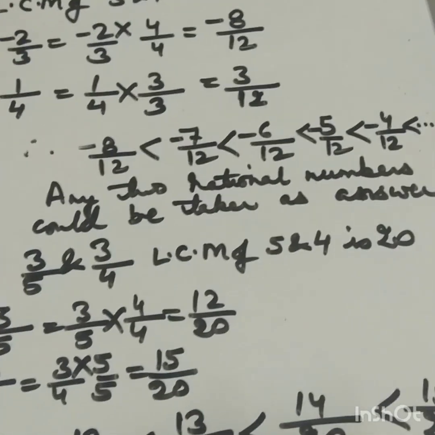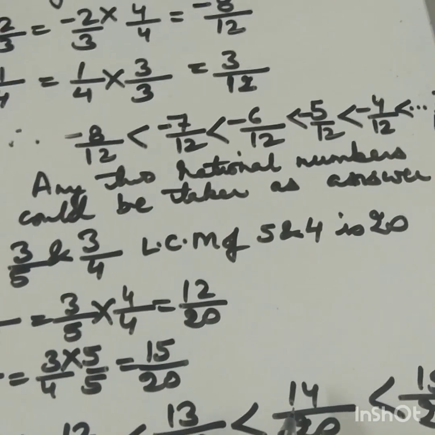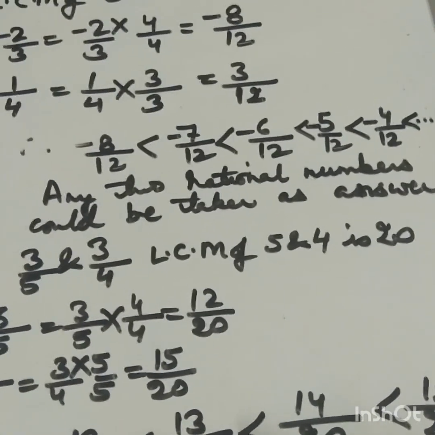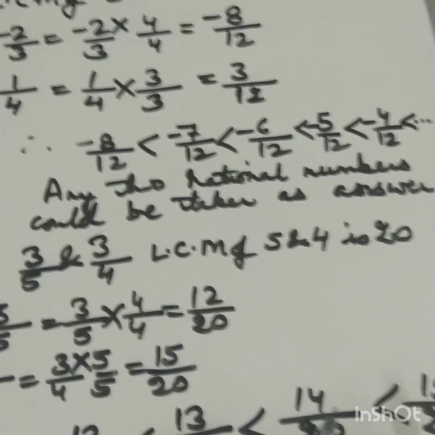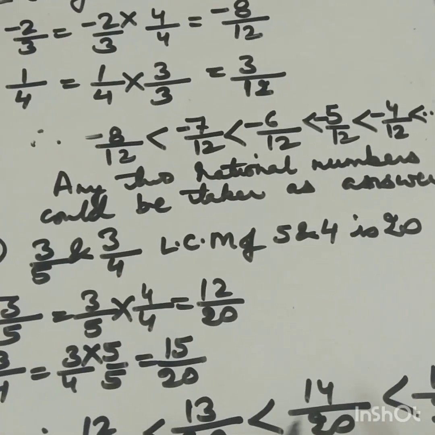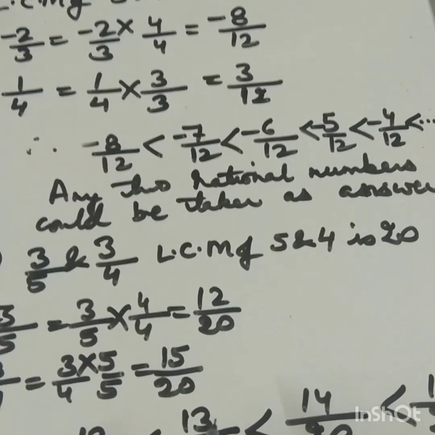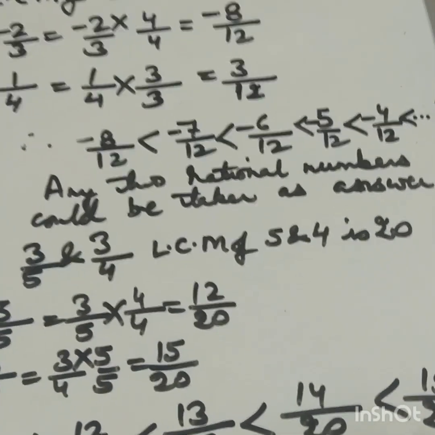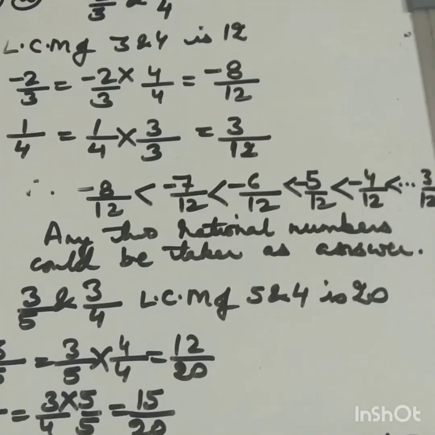Now 12 by 20 to 15 by 20, there are only two numbers which will have the same denominator, 13 and 14, but there can be many more rational numbers in between, but at present the required two numbers will be taken as 13 by 20 and 14 by 20.